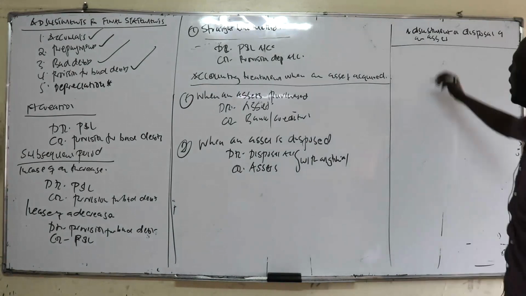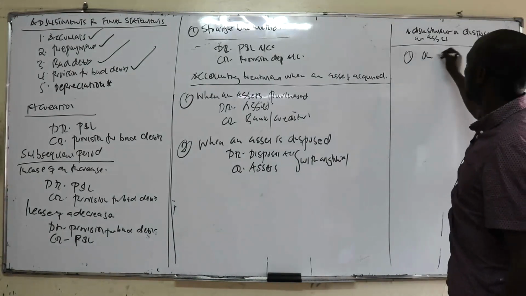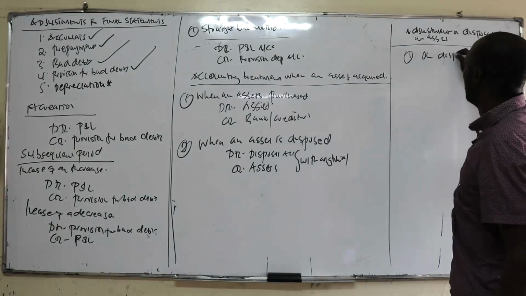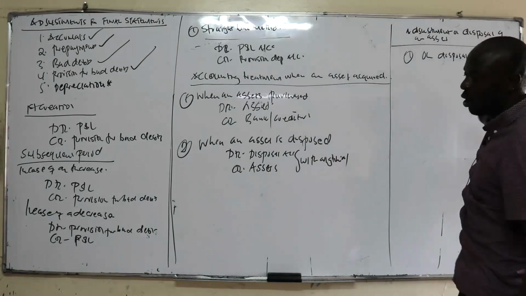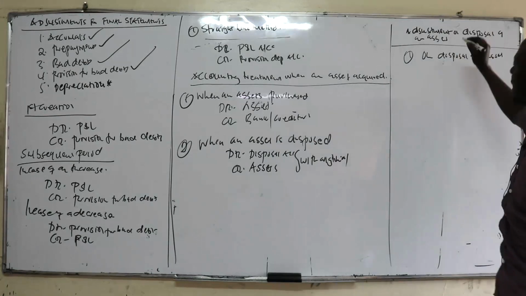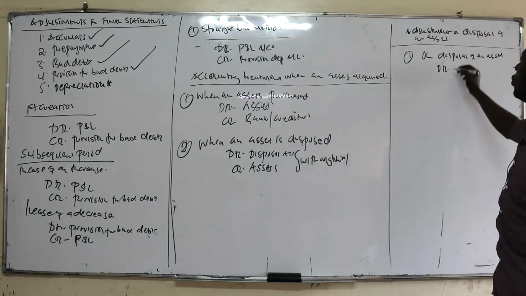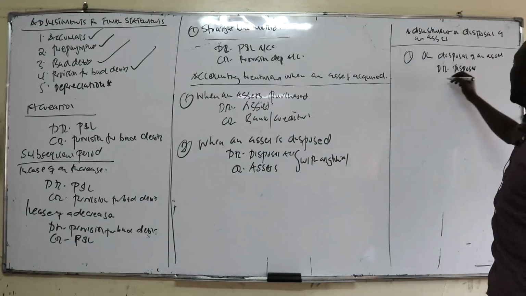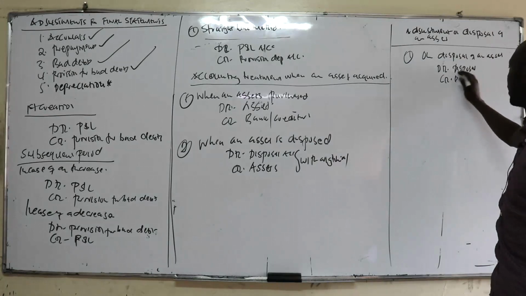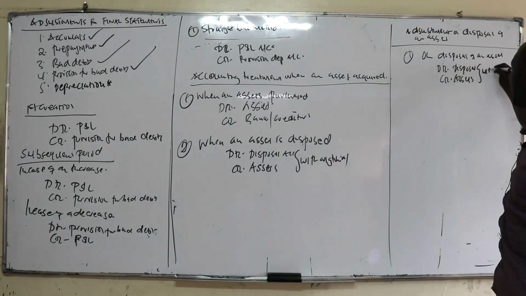Number one, on disposal of an asset, to dispose means to sell it off, you debit disposal account and you credit asset with the original cost, not the amount of money that you're selling the asset for.